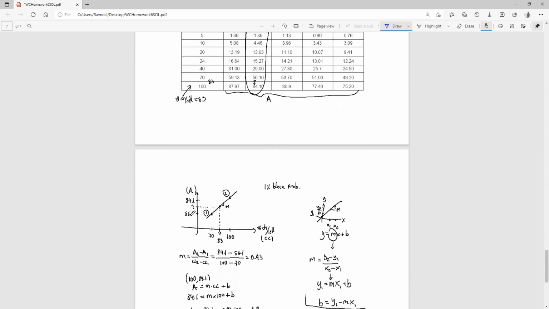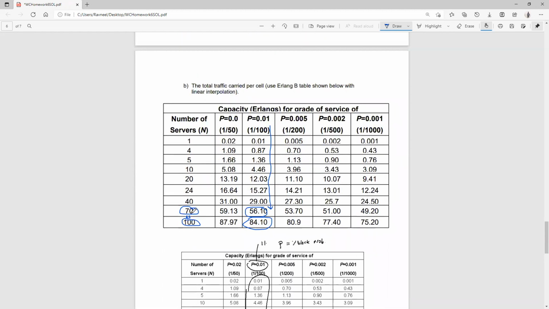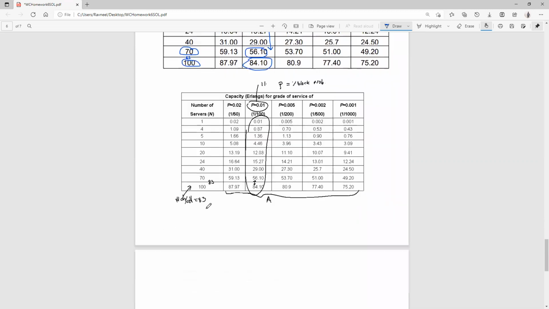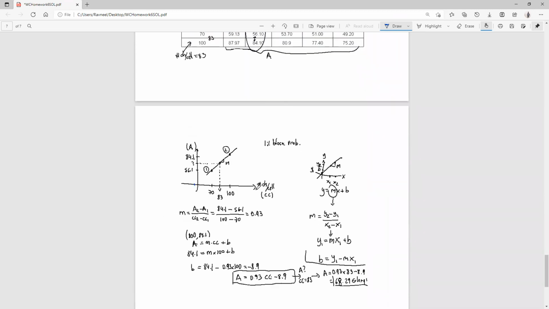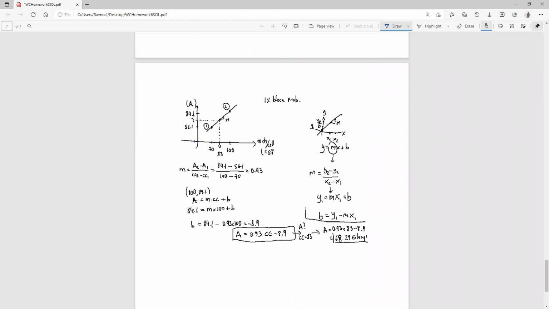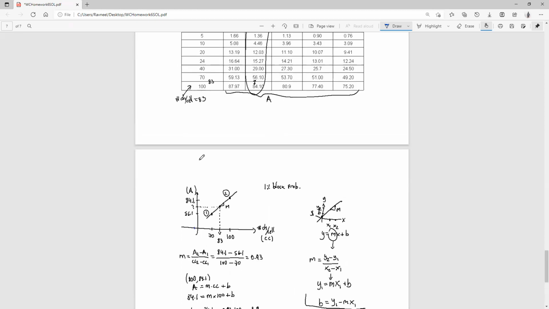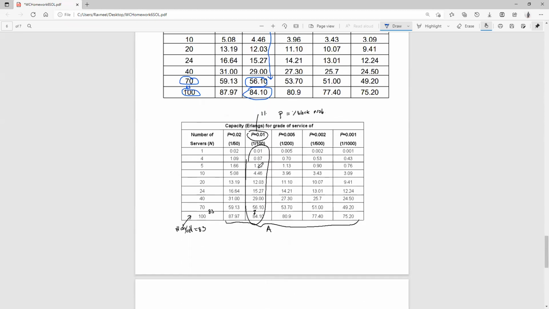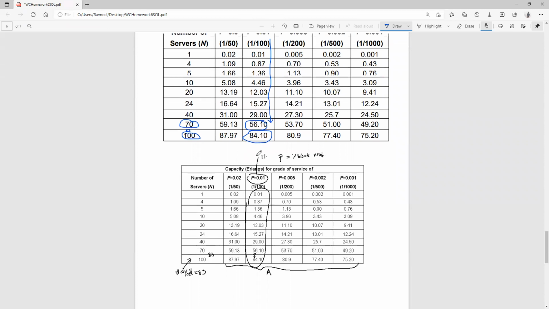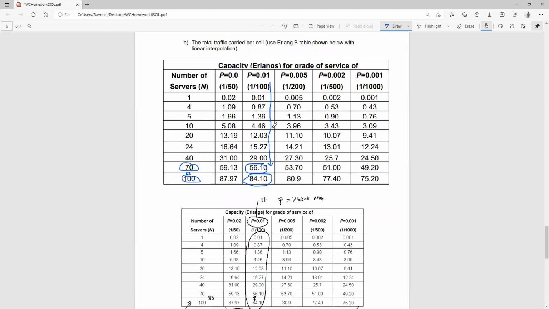So what we can do is draw a graph of the number of channels per cell, or number of servers, against the channel capacity, that is A. Let's say this particular column represents the A value, and this part represents the number of channels per cell.